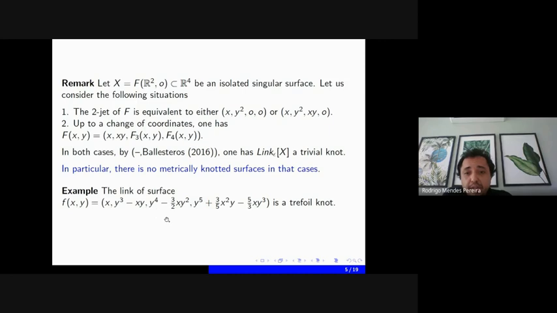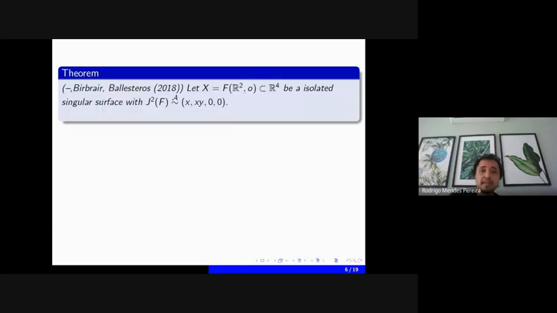And the link of the surface is a trefoil knot. So some kind of topology happens, even having put the condition of rank 1 on the surface. So based on this question, I think now it makes sense to explain the main result of this talk.